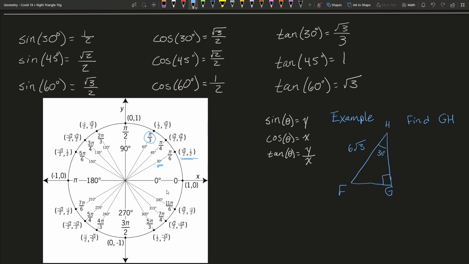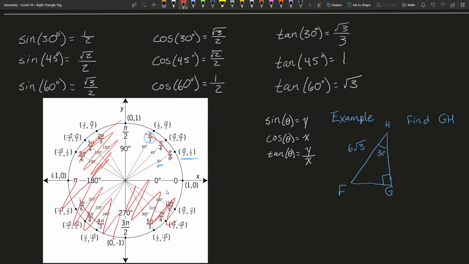Don't worry about these middle values. And really, don't worry about anything over here in other quadrants. We're just worried about that top right quadrant. There will be use for that later. That comes in algebra 2, that comes in pre-calculus. Right now, we're worried about the top right-hand corner.